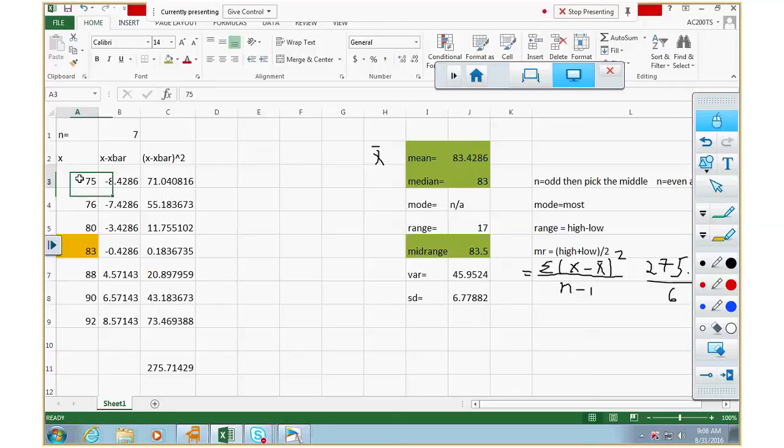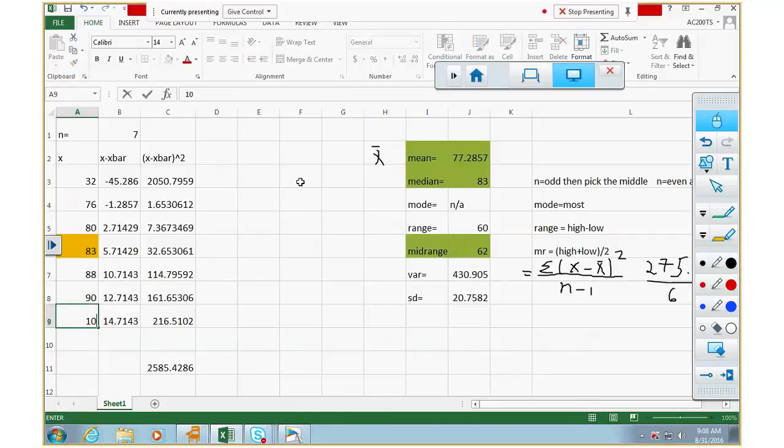Let's say you make a 32 on your first test, and you make 107, 110 on your last test. What happens to the centers? They get discombobulated. They don't line up. If your centers don't line up, your standard deviation is going to grow.